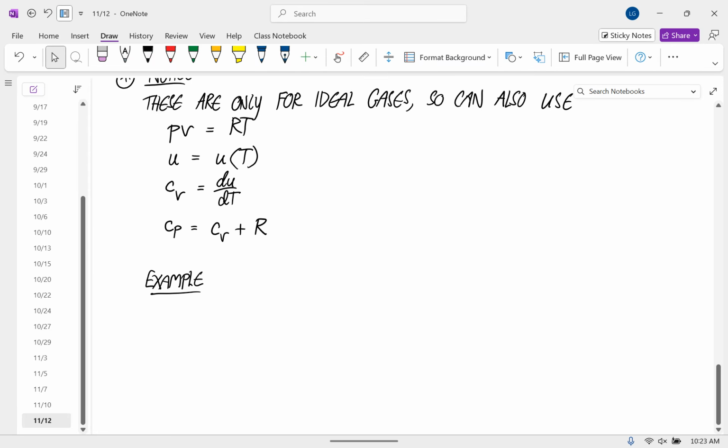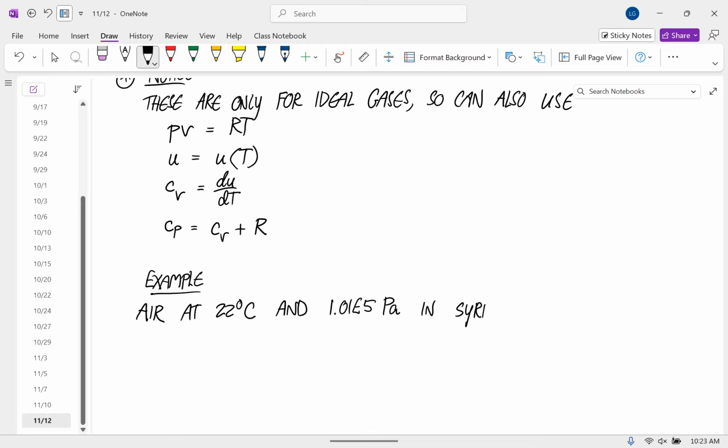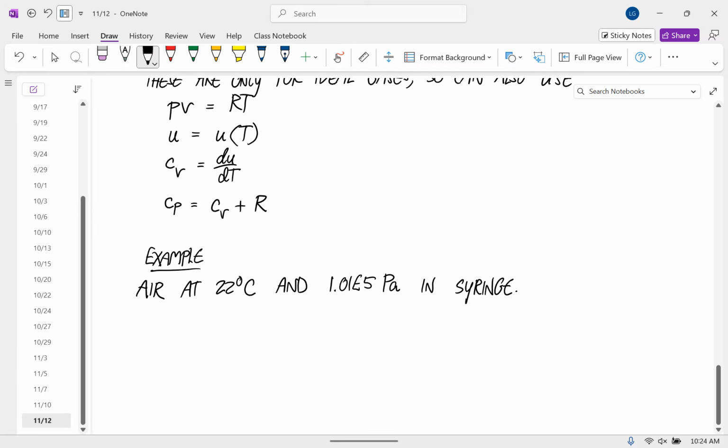Okay, so let's say that we have air at 22 degrees Celsius, that's room temperature, and atmospheric pressure, so 1.01 times 10 to the fifth pascals, in a syringe. And then we compress the air to half its original volume.